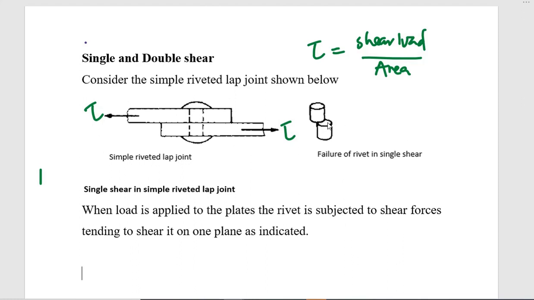It is only one plane that is going to indicate the failure of the rivet. So when the load is applied to the plates, the rivet is subjected to shear forces tending to shear it on one plane as indicated.